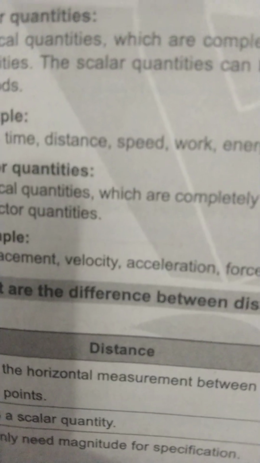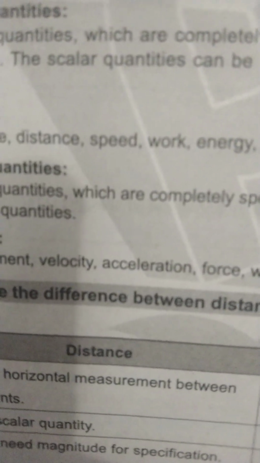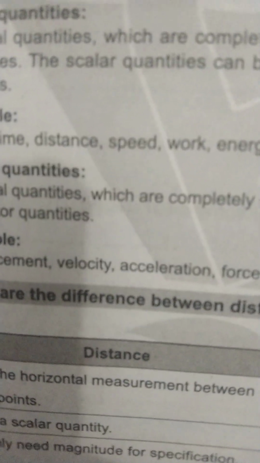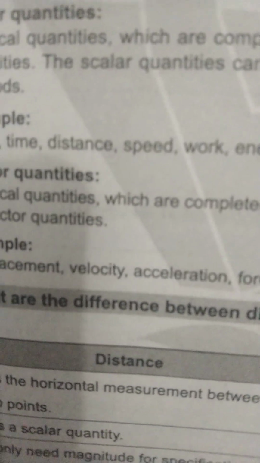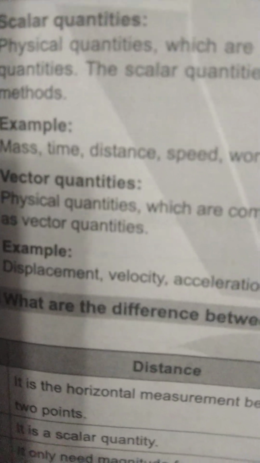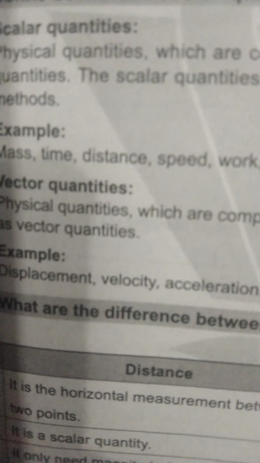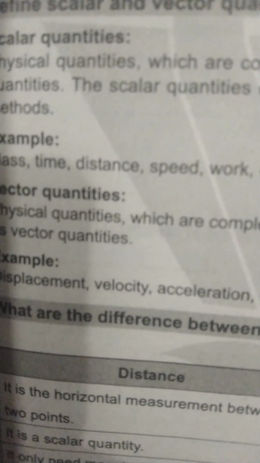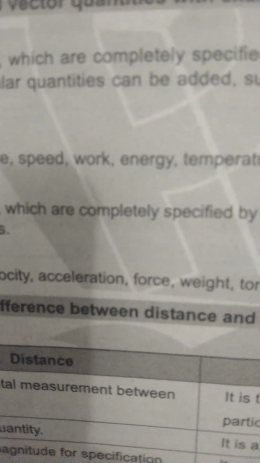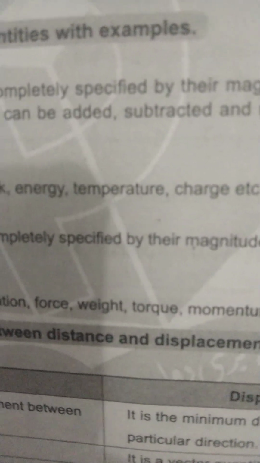Now you can easily add, subtract, multiply, and use all these kinds of arithmetic methods. Examples of scalar quantities you have commonly heard are mass, time, distance, speed, work, energy, temperature, and mostly the charge.